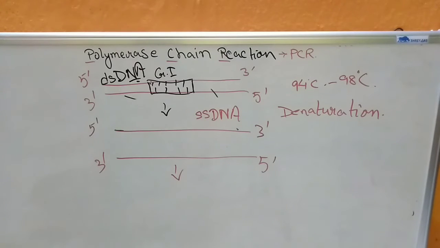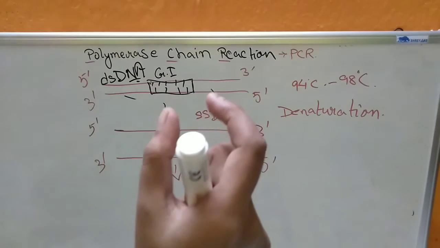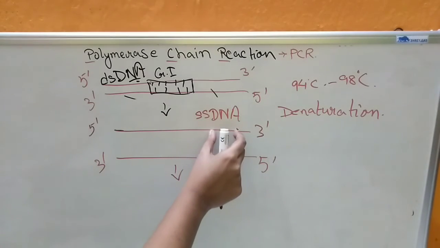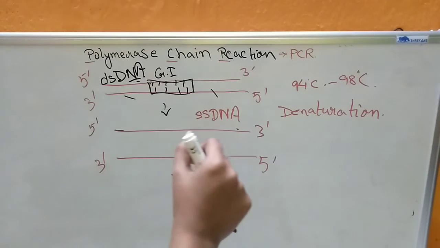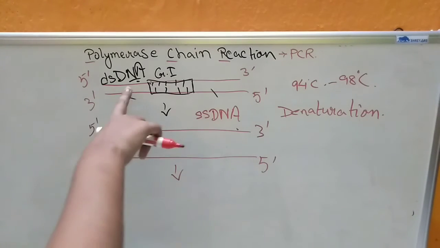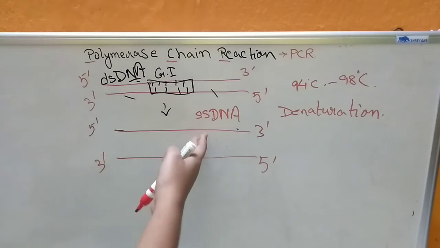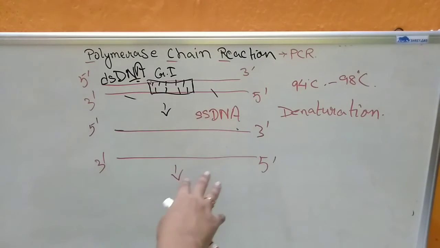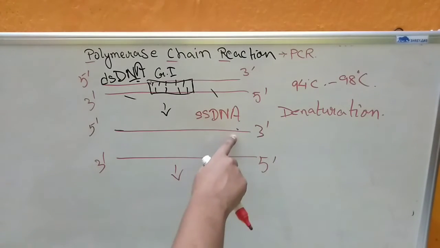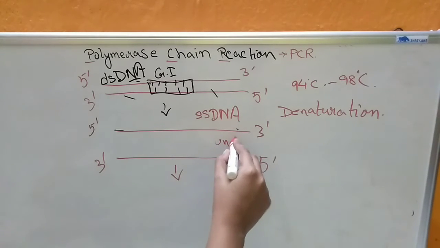Now as the single-stranded DNA structure has been produced, the next step takes place. The next step is the addition of the primers. In this step small primers, for example 5 to 12 base pairs, will join at these single-stranded DNA structures, forming complementary base pairs. The DNA double helical structure is very stable, but when unwound into single-stranded DNA it becomes very unstable.